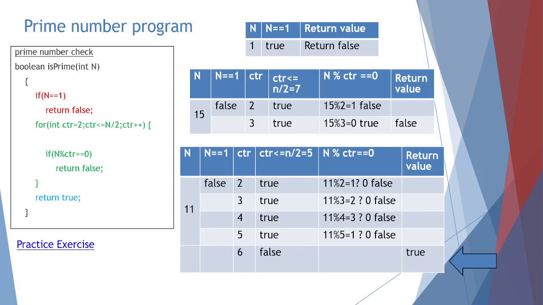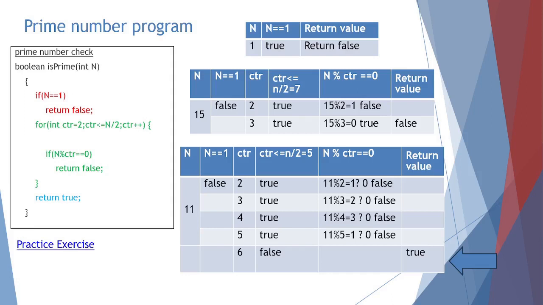In the for loop, we try to check if any extra factor is there, that is, whether it is a composite number or not. If composite, return false because it is not a prime. If n is not 1 and not a composite number, then only the control reaches the last return true statement. That means the number is prime.